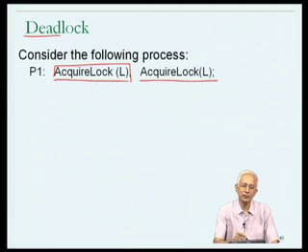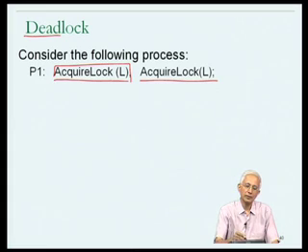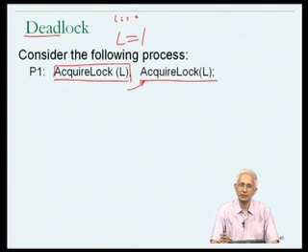Then the net effect of acquire lock, if it is implemented using, let's say, test and set of L, is that the process is going to test and set L so that the old value of L, which would have been 0, will get changed to 1. And the process will then proceed to its next statement, which is acquiring lock L again.